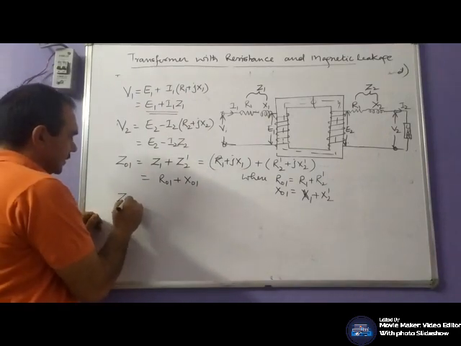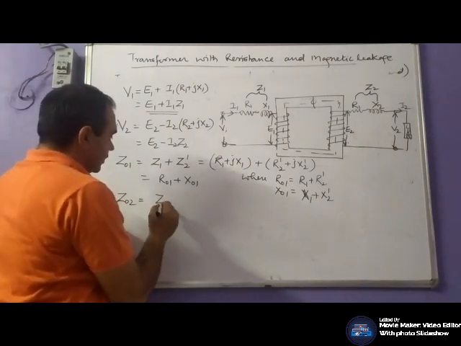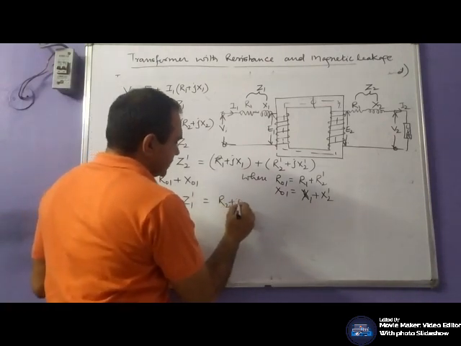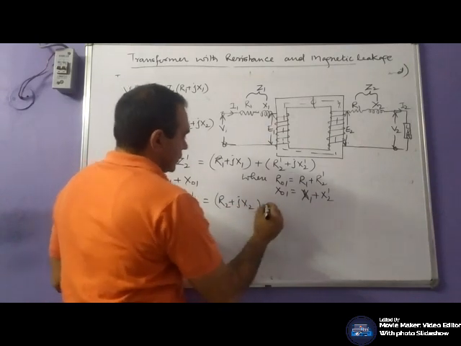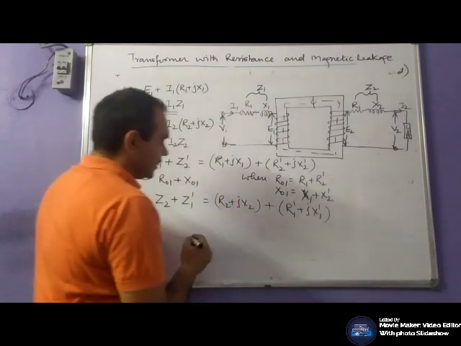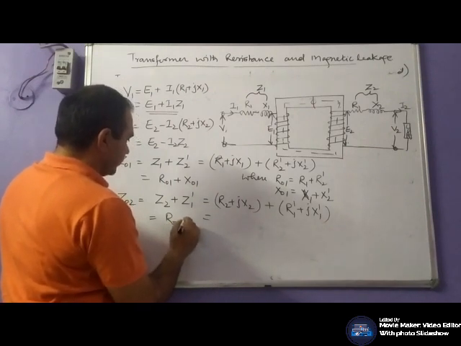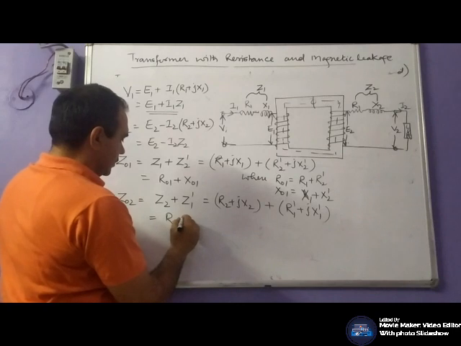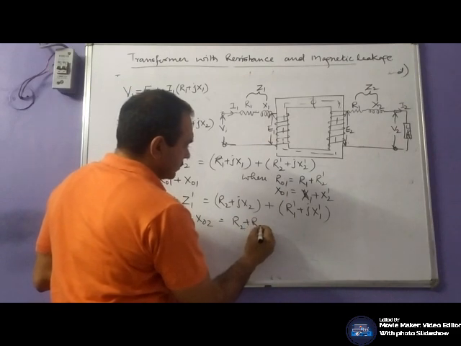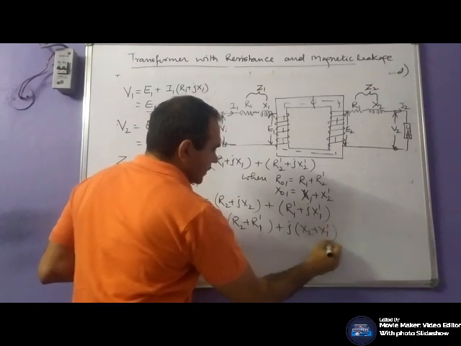Likewise, impedances can be transferred to the secondary side. Z02 is Z2 plus Z1 dash, that is R2 plus jX2 plus R1 dash plus jX1 dash, or R02 plus jX02, that is R2 plus R1 dash, and X2 plus X1 dash.